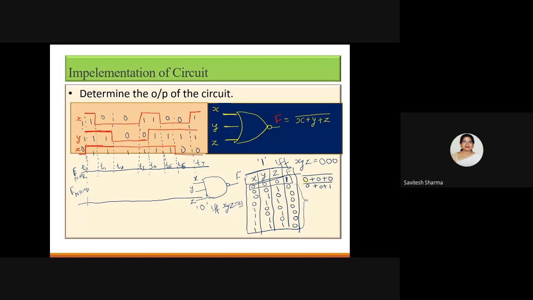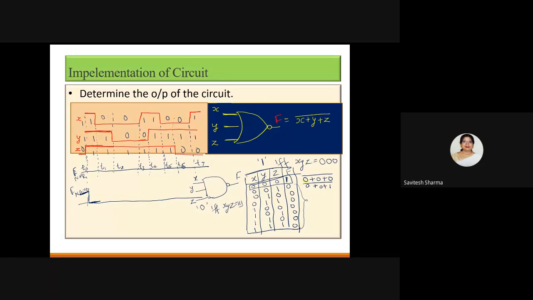The combination is 1 1 0, and you know that 1 1 0 will give 1. The next combination is 1 1 1, all 1s are there, so the output will be 0, and it will continue up to the next transition, T1. Tell me what will happen at T1.